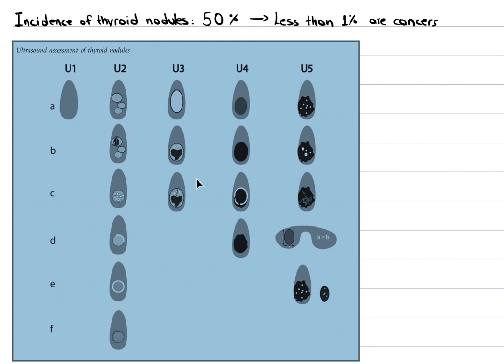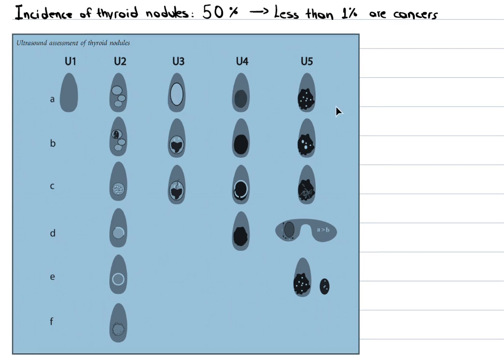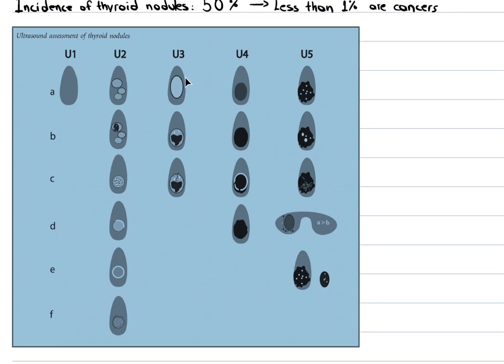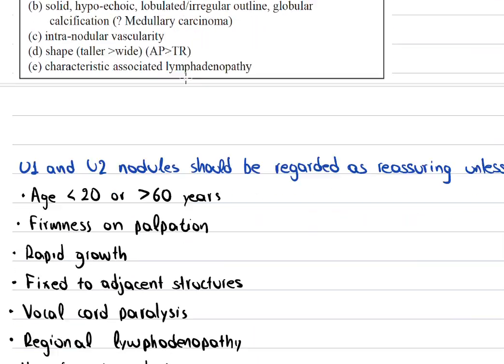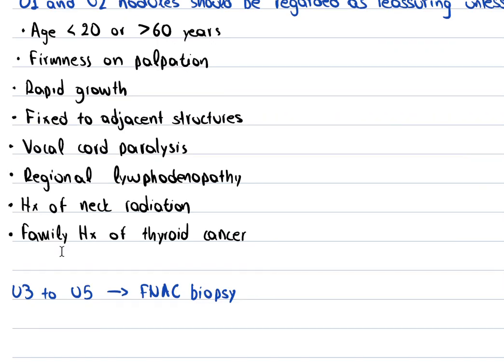And then on the basis of ultrasound, they are divided into 5 types: U1, U2, U3, U4, and U5. Out of this, U3 to U5 need FNAC, and U1 is definitely normal, and U2 and U1 are mostly benign and reassuring unless they qualify this criteria. If they qualify this criteria, we should go ahead with the FNAC biopsy.